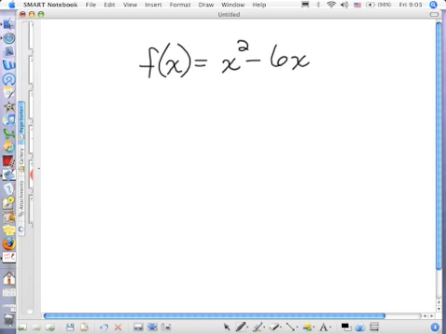If I wanted to find the zeros of this function, number one, this is a parabola because it is a function and it has an x squared term. All right? The zeros of the function are the points where it crosses the x-axis.